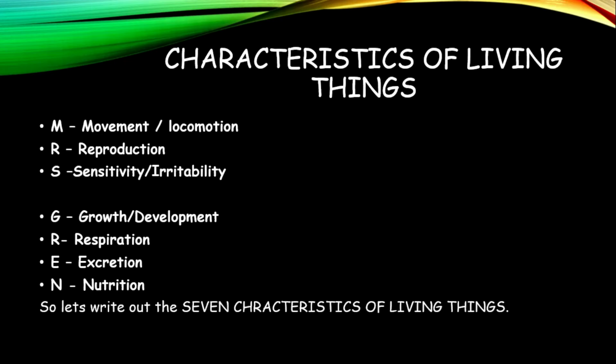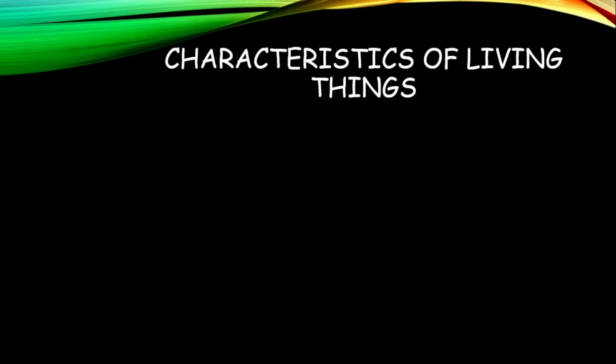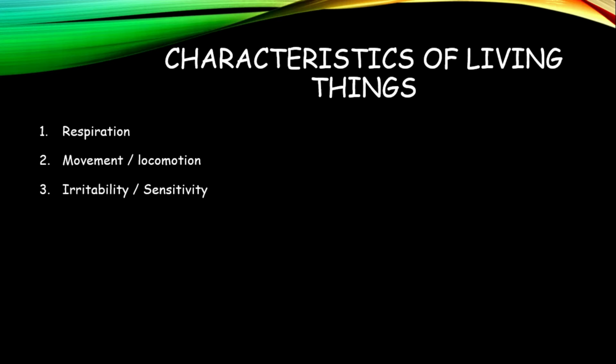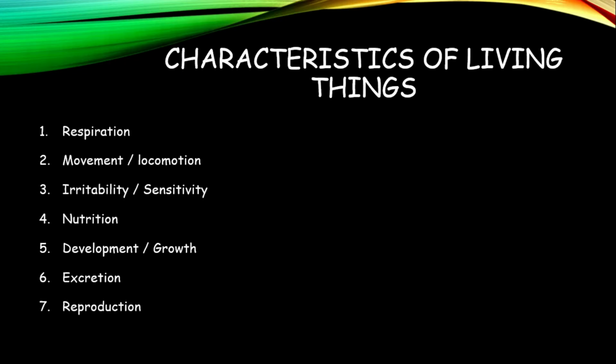So let's write out the 7 characteristics of living things. There would be respiration, movement and locomotion, irritability or sensitivity, nutrition, growth/development, excretion, reproduction.